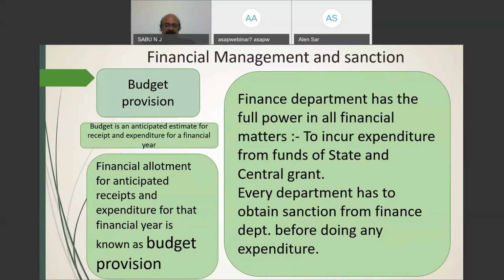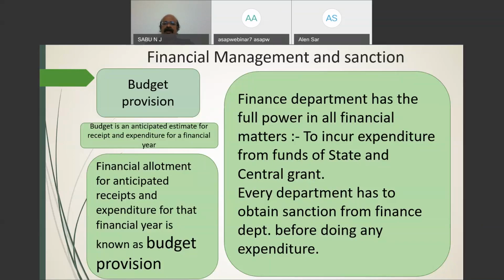Before taking up any project by any engineering department, its cost or estimate must be included in the budget. Such a financial allotment is known as the budget provision. That means providing a particular financial allocation for spending money on a particular project.